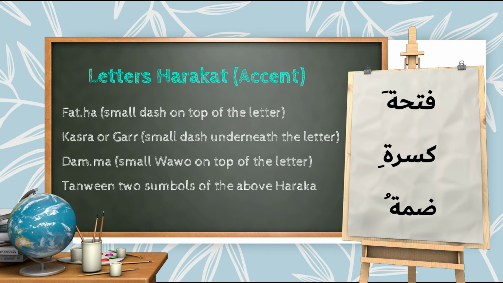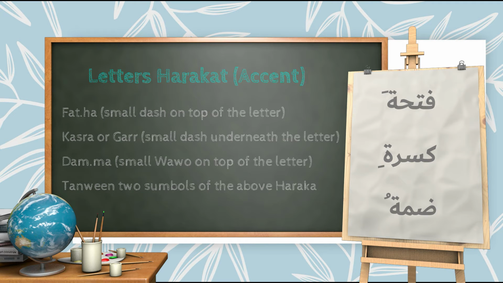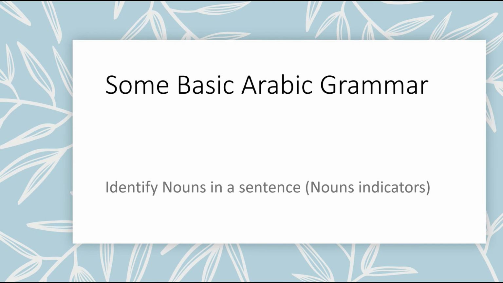Now that the harakat are out of the way, again, last episode we learned the three components of a sentence in Arabic: nouns, verbs, and the harf, if you remember. Now let's move on and see how we can identify the nouns.